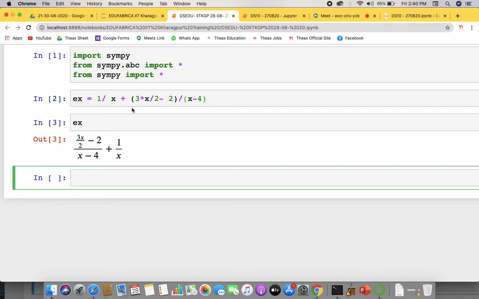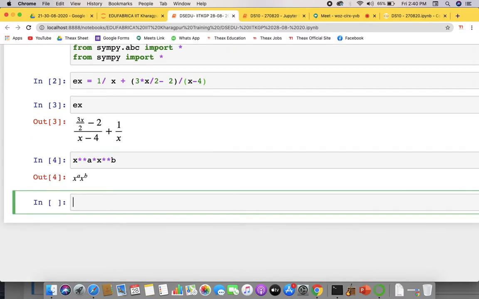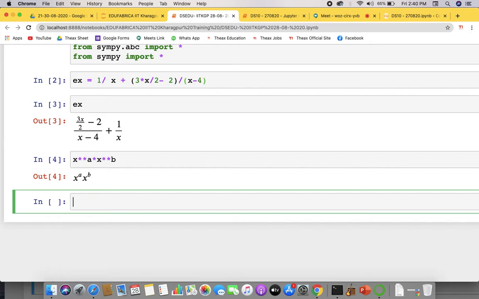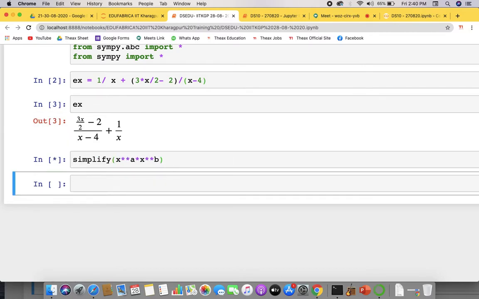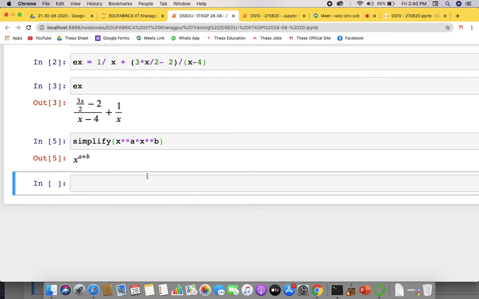Okay, fine. So if I write such an equation, x to the power of a multiplied by x to the power of b, so this is x^a x^b. If we want to take the base as common and add up the powers, or simplify this, the simplified result would be x to the power of a plus b.